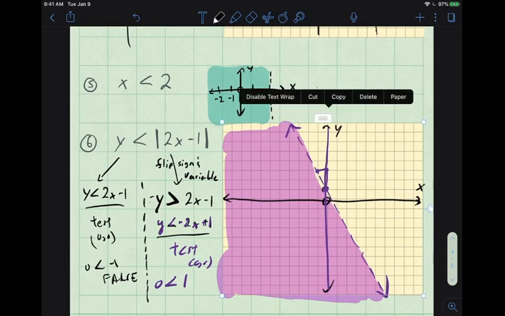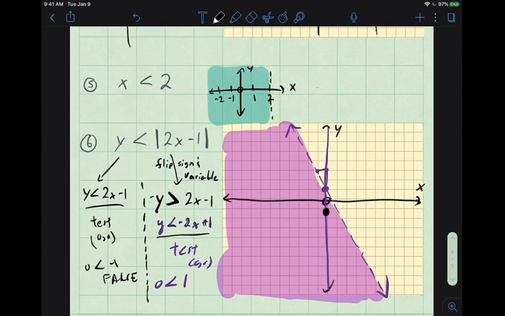Now for the black equation, we will plot it correctly. There's your y-intercept, -1. And I go up 2, right 1. There's our 2 dots. We draw our line that is positive.